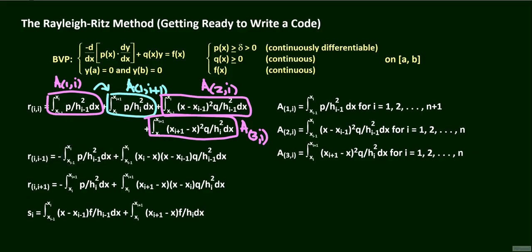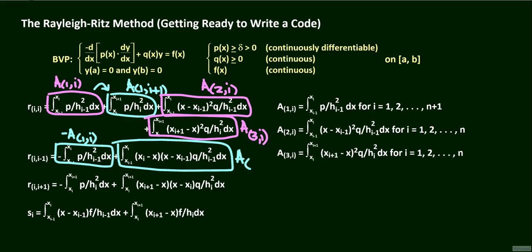In R sub i minus 1, the first integral term is minus a sub 1i. We set the next integral equal to a sub 4i. The column number i minus 1 should start at 1, and so i should start at 2 for a sub 4i. i ends at n.